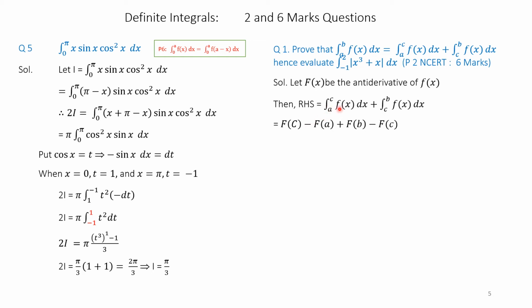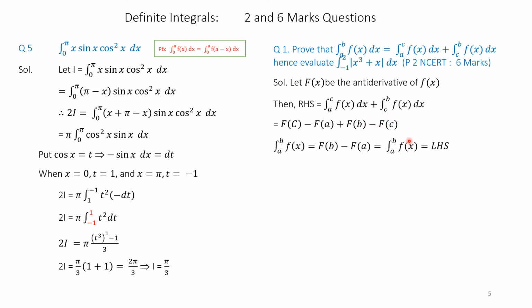So capital F of c minus capital F of a, that is upper limit minus lower limit, for the first term on the right hand side, plus, for the second term, F of b, b being the upper limit, minus F of c, the lower limit.